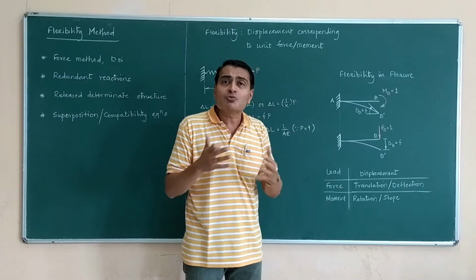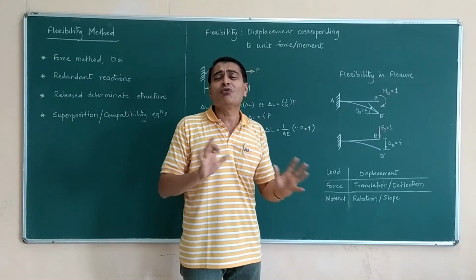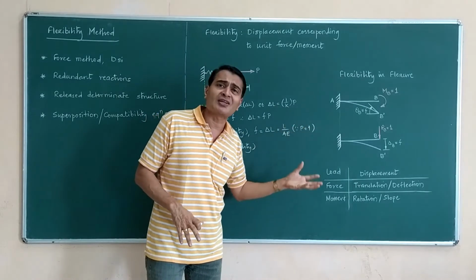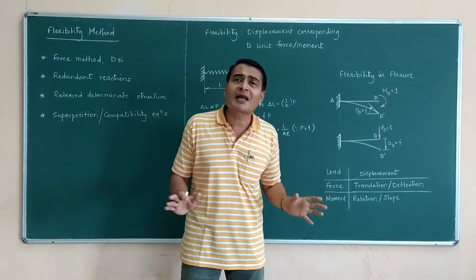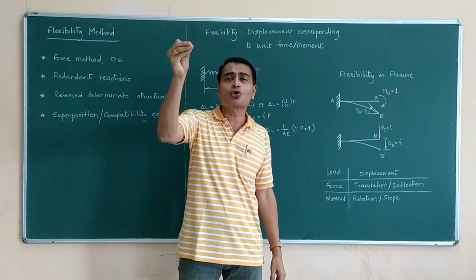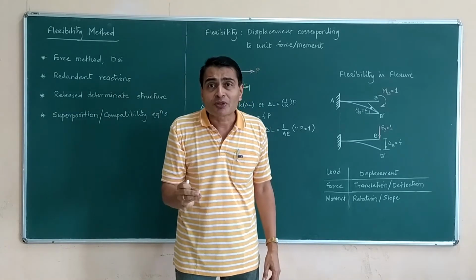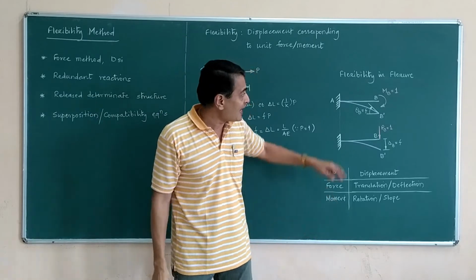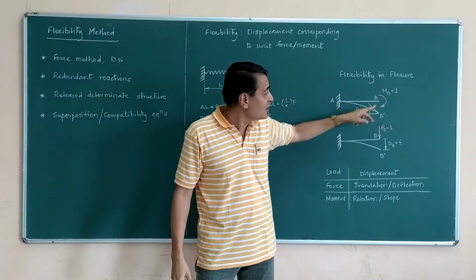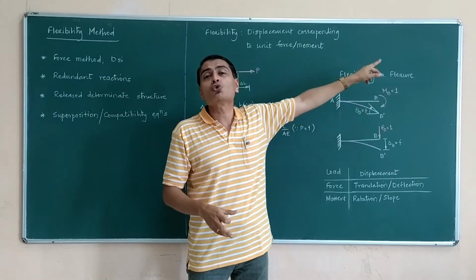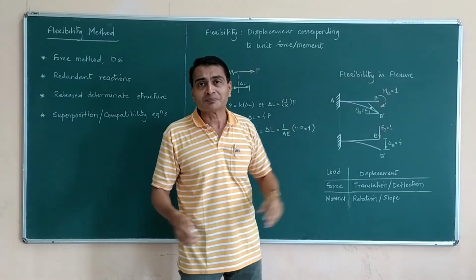But in our problem solving, in our analysis, we don't really go for terms like axial and rotational and translation. It is taken for granted that action is force, flexibility has to be deflection due to unit force. Action is unit couple moment, flexibility has to be rotation due to that unit couple moment.